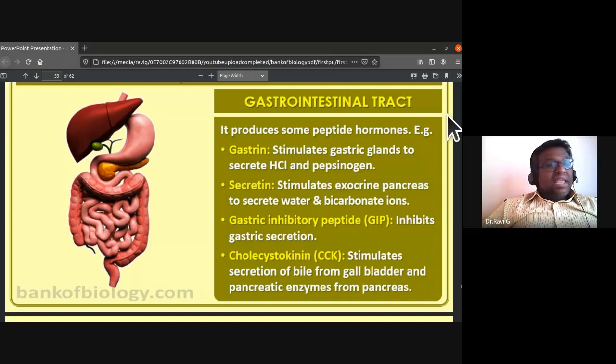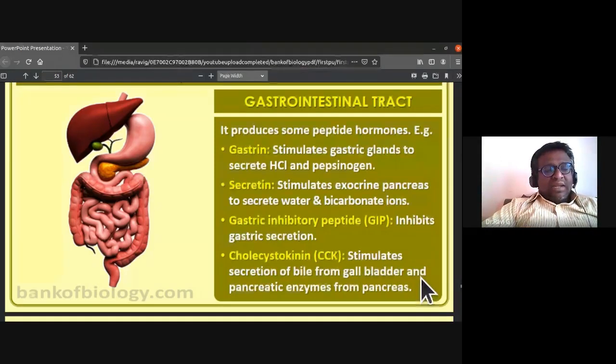Then GIP, gastric inhibitory peptide hormone. This inhibits gastric secretion. Cholecystokinin, CCK, stimulates the secretion of bile from gallbladder and pancreatic enzymes from pancreas.